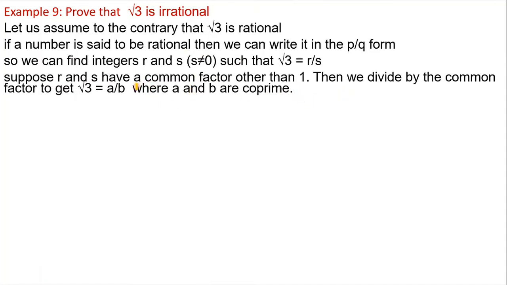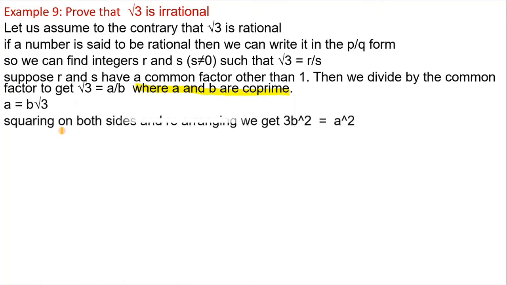That is, when we say a and b are co-primes, there is no common factor for a and b other than 1. Now, from this equation, root 3 is equal to a by b, a is equal to b into root 3. Squaring on both sides, we get a square is equal to b square into 3.